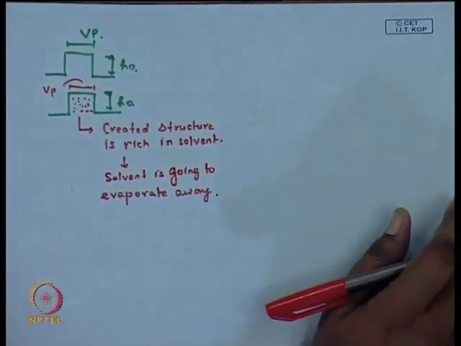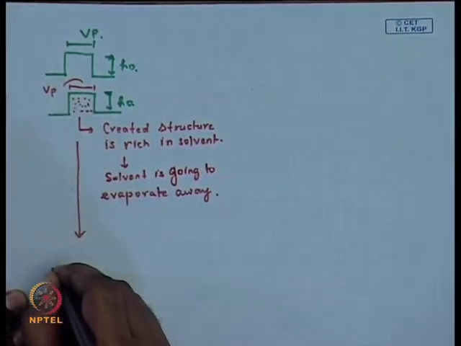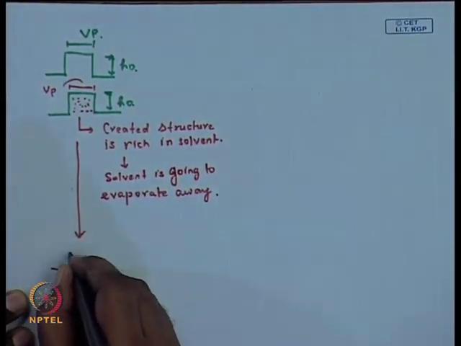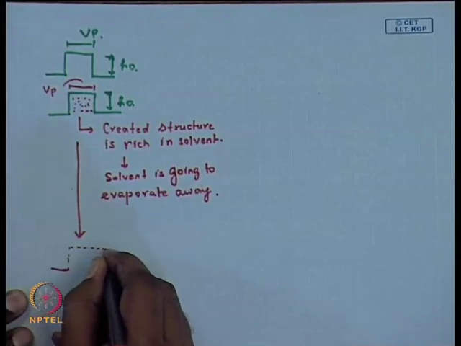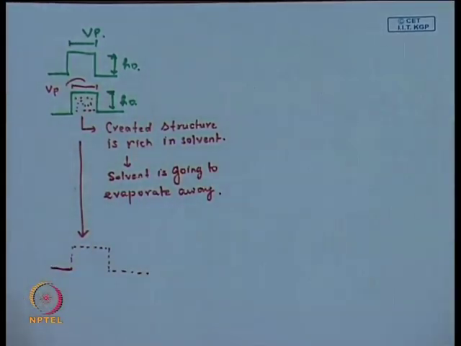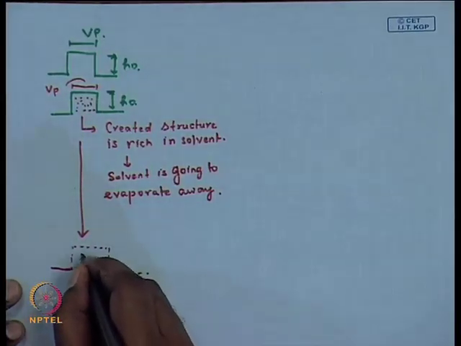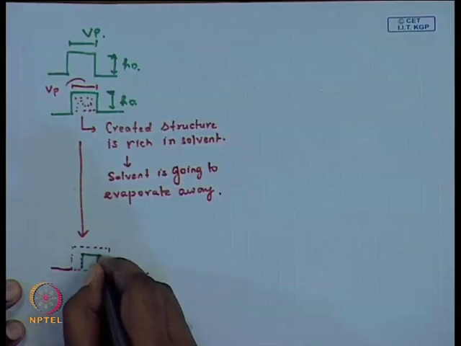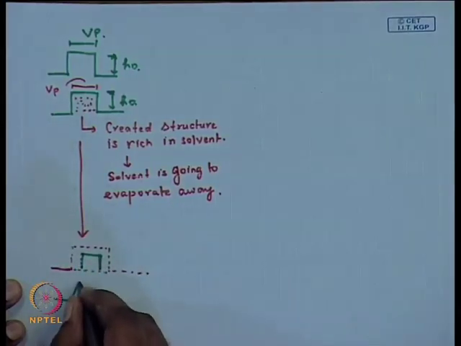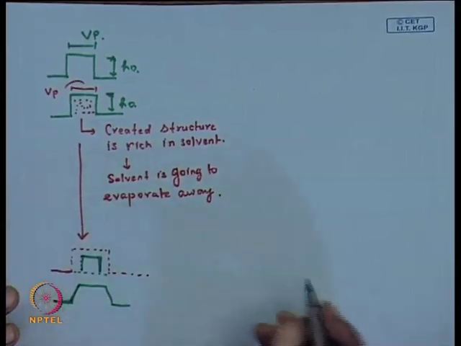As the solvent evaporates, the structure, which had, let us say, the original dimension, might shrink isotropically or may even shrink anisotropically, and so this might lead to a reduction in feature geometry or feature dimensions compared to the stamp.